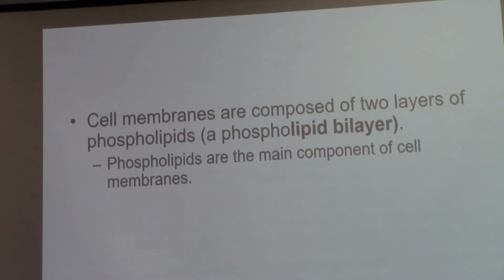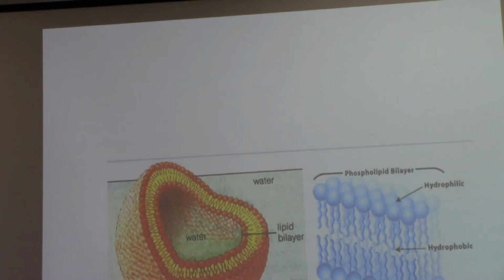Okay, cell membranes are composed of two layers of phospholipids, a phospholipid bilayer. Phospholipids are the main component of cell membranes. And so when you put phospholipids in water, they form a bilayer, where the hydrophilic polar heads interact with the water, and the tails interact with each other.